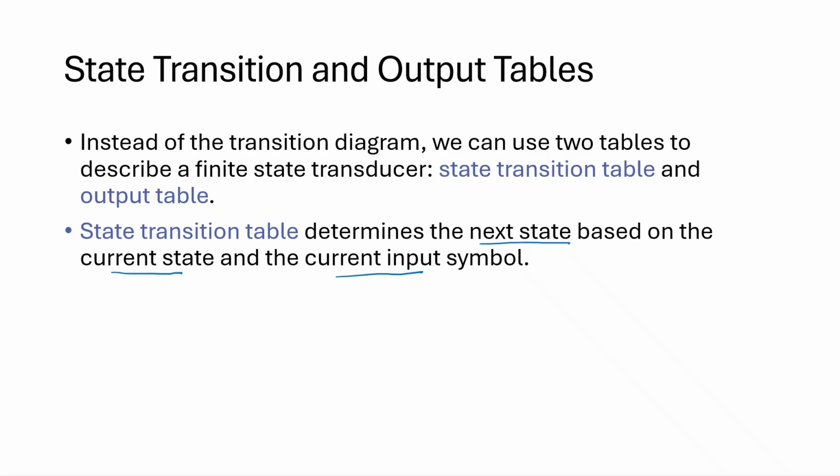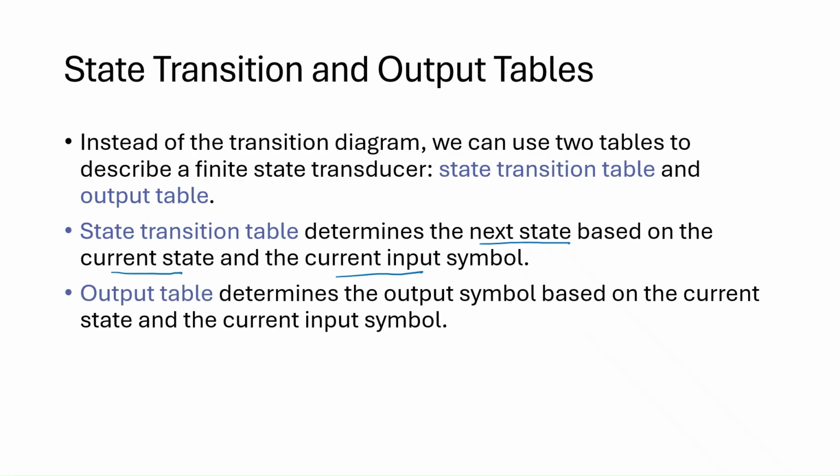That's called the state transition table. And then the output table, given the same information, namely the current input symbol and the current state, tells us what the machine outputs, what the output symbol will be. Through the next two slides, I will show you how this works through two examples.